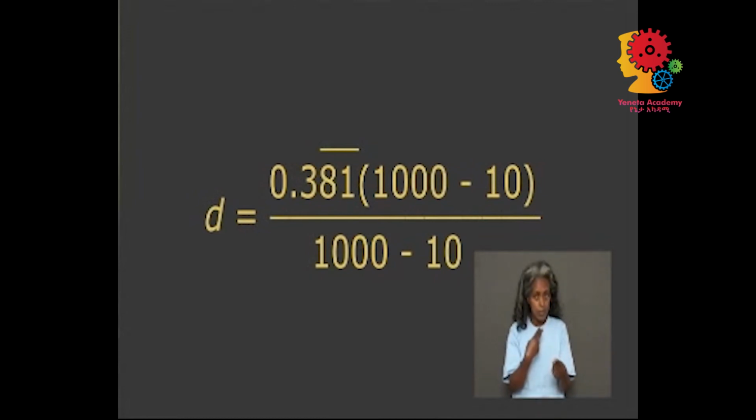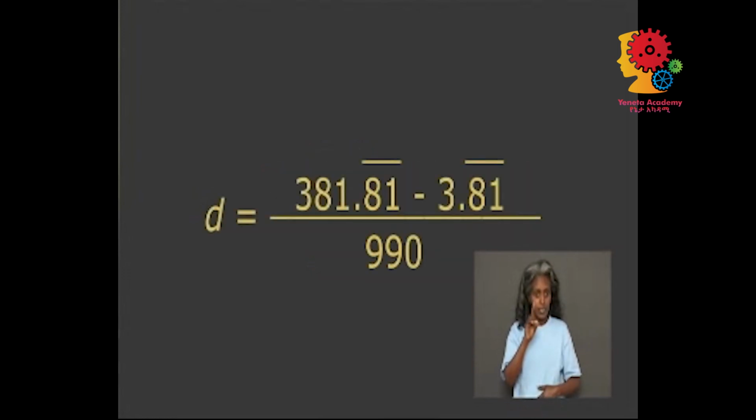0.381 repeating times 1,000 minus 10 over 1,000 minus 10. Therefore, D equals 381.81 minus 3.81 over 990.